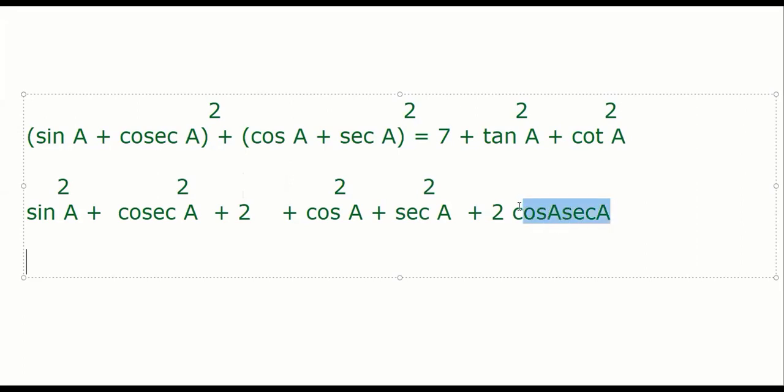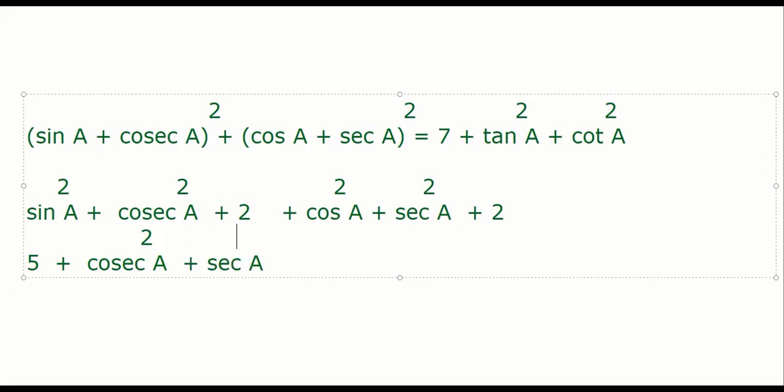This is also gone. Now, if you see this, sin square A plus cos square A is also 1, correct? So 1 plus 2 plus 2, we got 5 already. 5 plus, what is remaining? Cosec square A. What is remaining? Sec square.